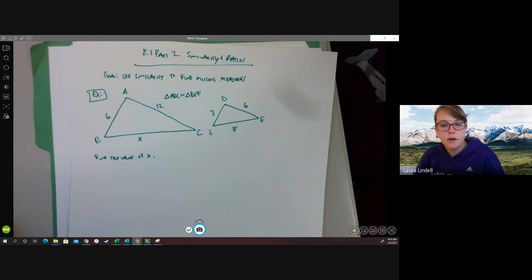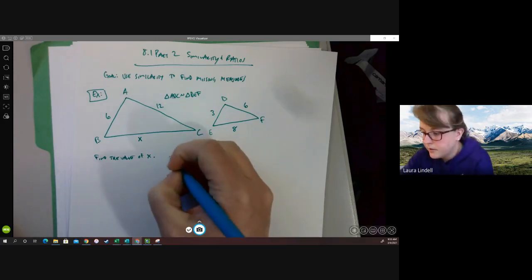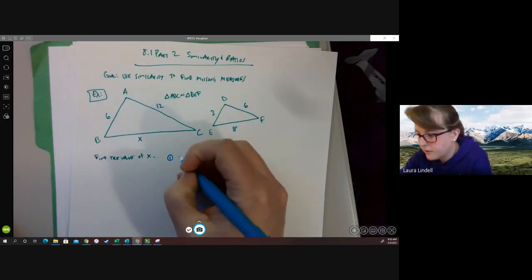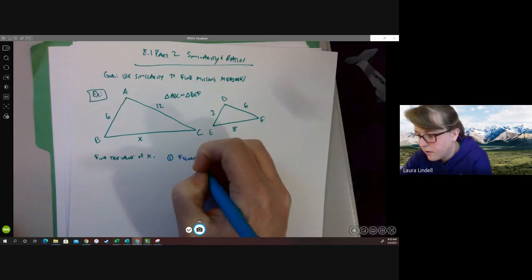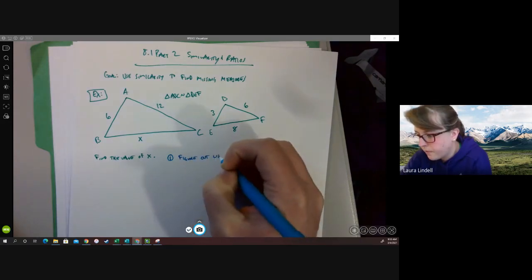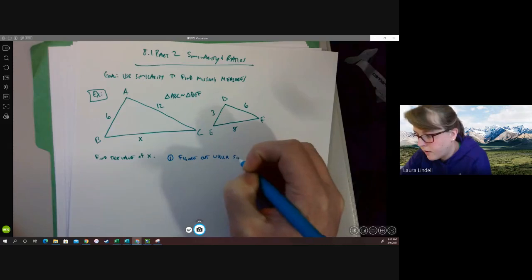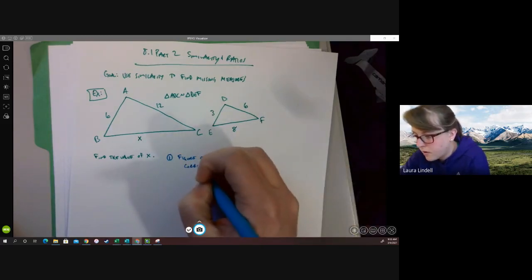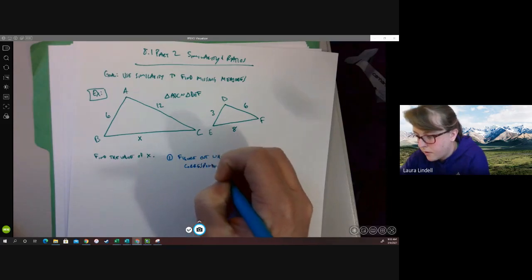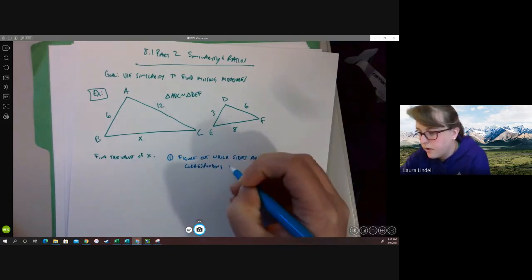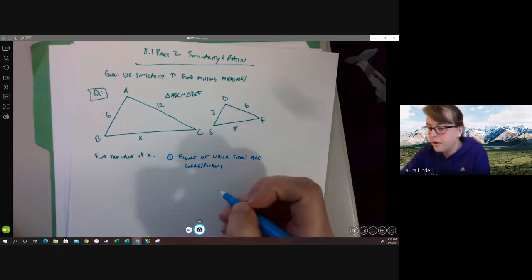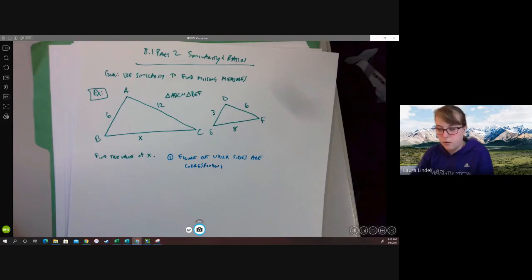So when we're doing a problem like this, step 1 is pretty much going to be figure out which sides are corresponding. And what we want to do is kind of set up these ratios with the corresponding sides.